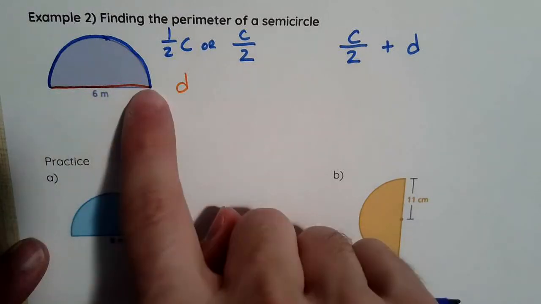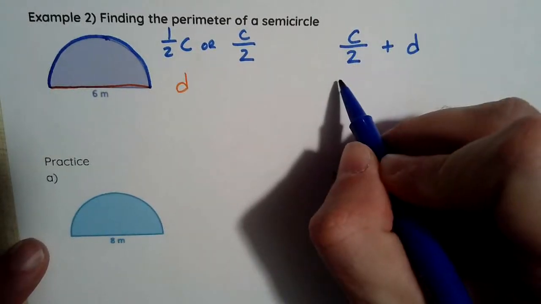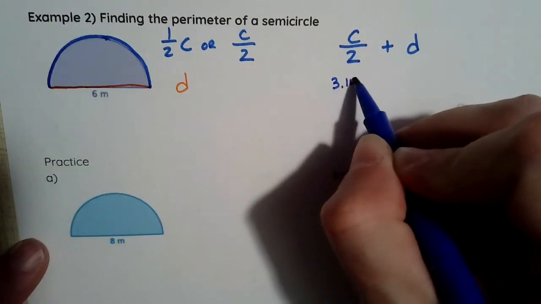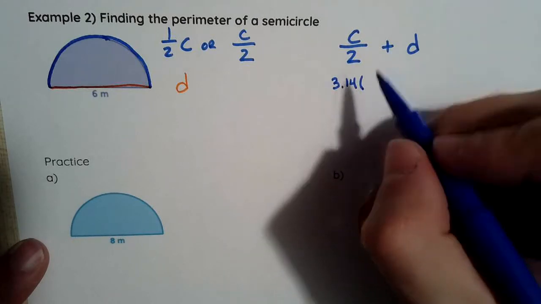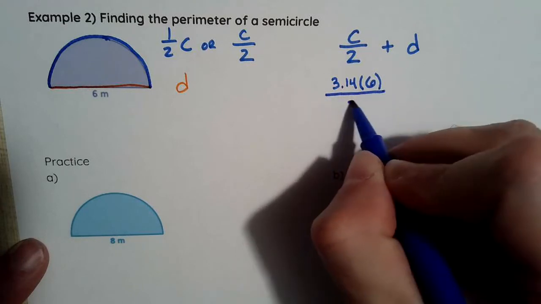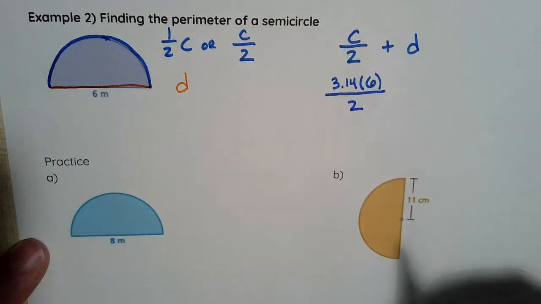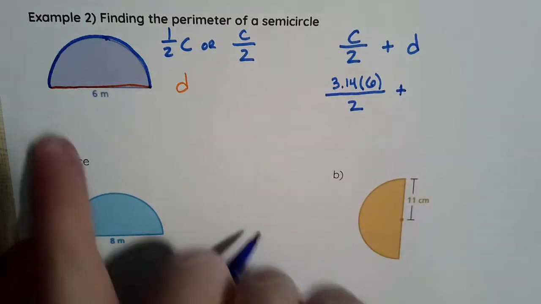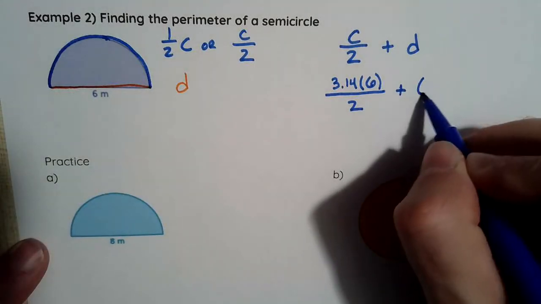I know my diameter is 6. So for circumference, I'm going to do 3.14 for pi times diameter 6, and I'm going to cut that in half. That's going to give me that arc. Then I'm going to add the diameter, which in this case is 6.